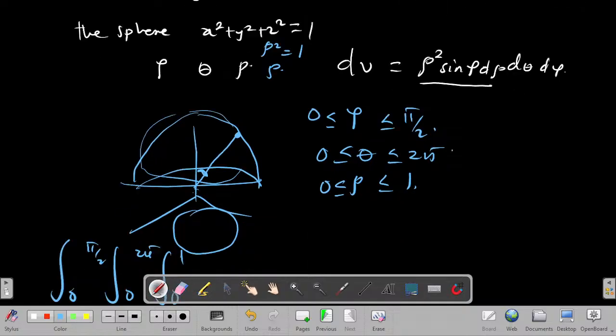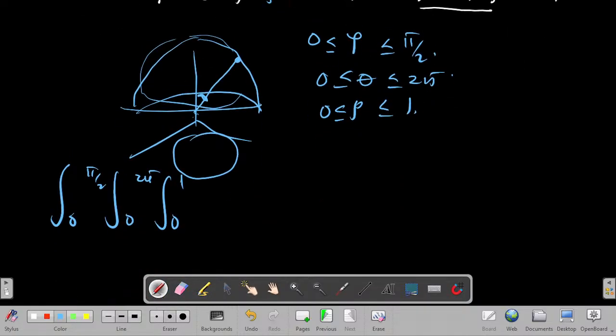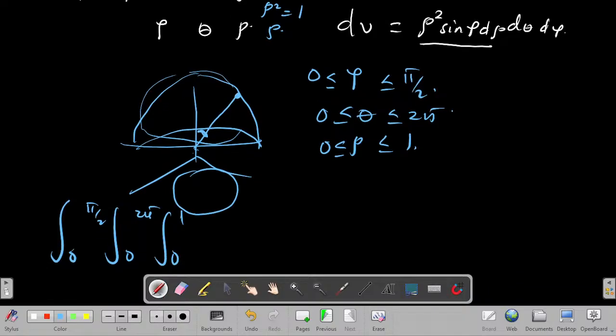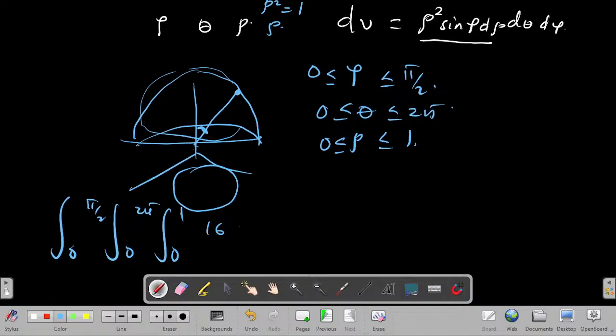Z is rho cos phi. Sorry, this thing, rho cos phi, is representing z when you convert z to spherical coordinates. So it is 16 rho cos phi. Then what are we left with? dV. The dV is rho squared sine phi d rho d theta d phi.